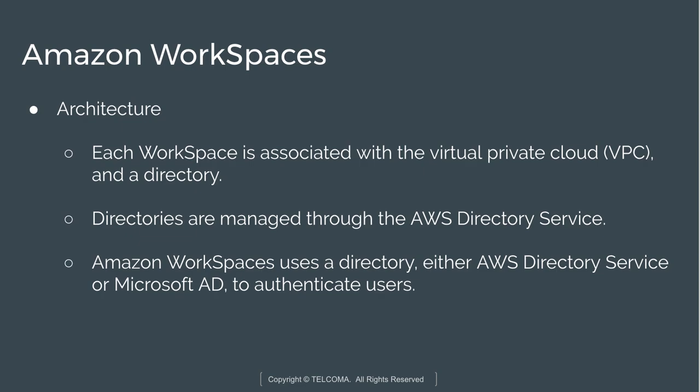Users can access their WorkSpaces by using a client application from a supported device or any web browser, and they can also log in with their directory credentials. Each WorkSpace has two ENIs associated with it, which are elastic network interfaces.